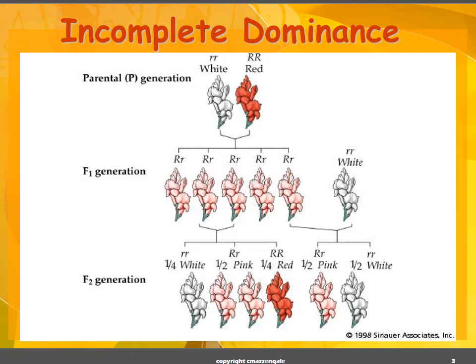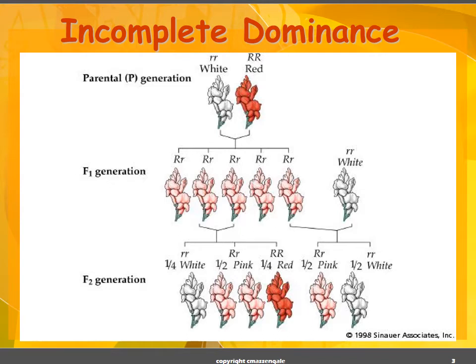Then, if we cross through to the F2 generation using the hybrids, so two of the heterozygous pink flowers, we get 25% of the individuals with white flowers, 50% with pink flowers and 25% with red flowers.